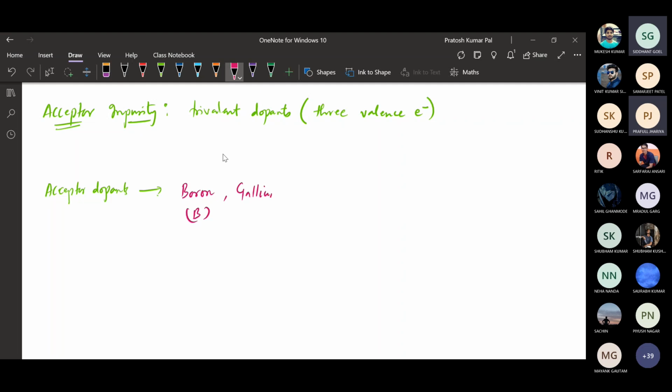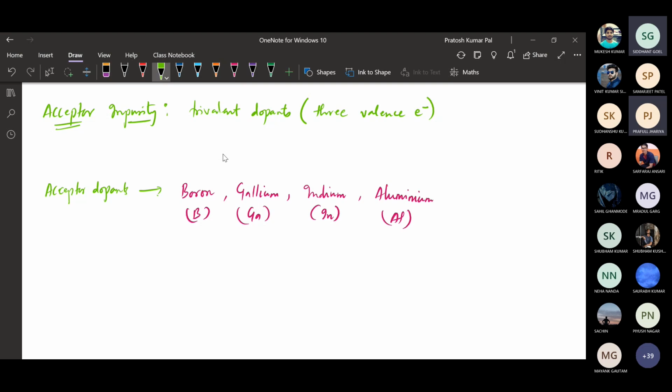Then gallium, indium, and aluminium. So these are the different acceptor type of dopants.